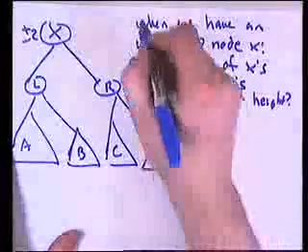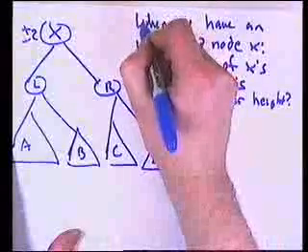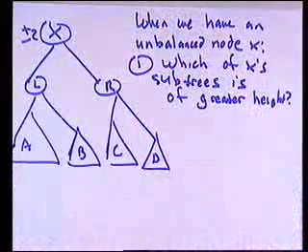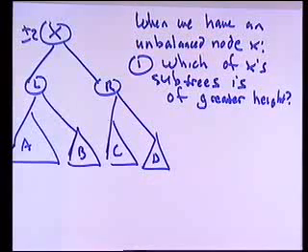By unbalanced, I of course mean not a legal balance. So 0, +1, or -1 would be okay. When we have an X that has an illegal balance that doesn't qualify under the balance definition, that's plus or minus 2, we first ask which of X's subtrees is of greater height.